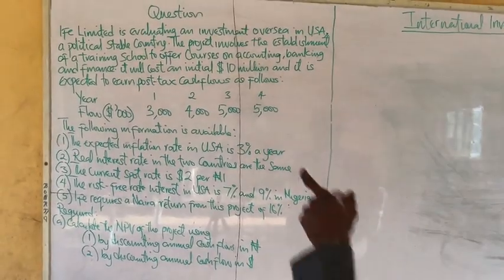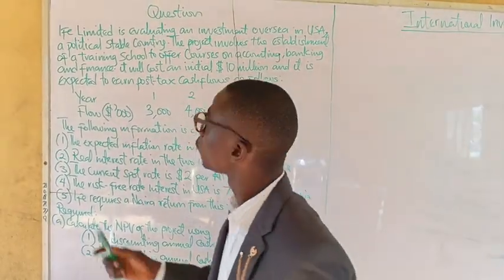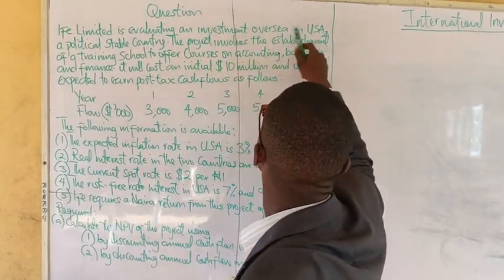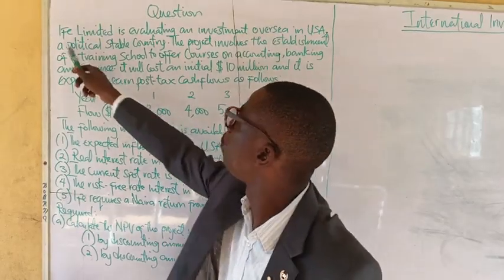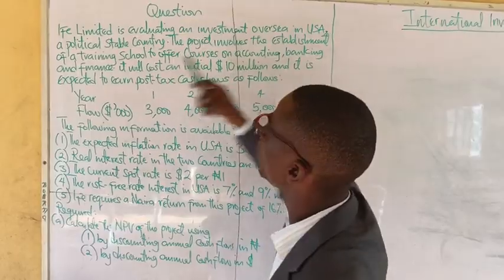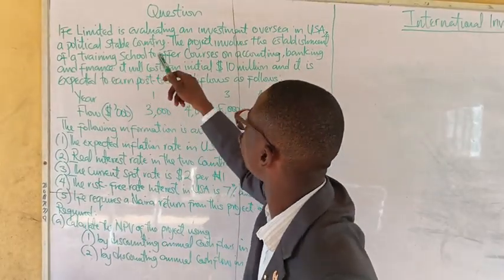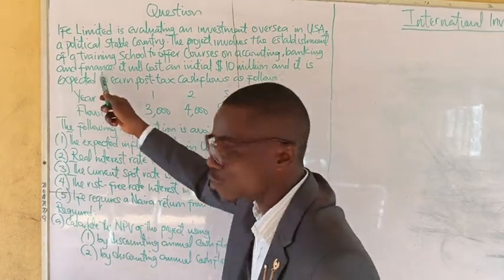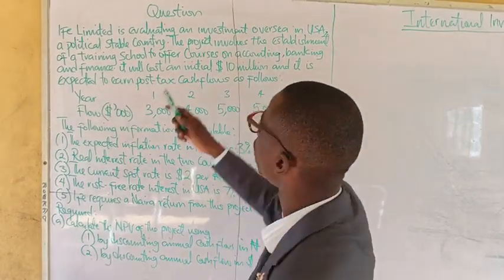So let's look at this question. It's drafted from Omolenwa. He said, Ife Limited is evaluating an investment overseas in the US, a politically stable country. The project involves the establishment of a training school to offer courses on accounting, banking, and finance. That's the project they want to get involved in.